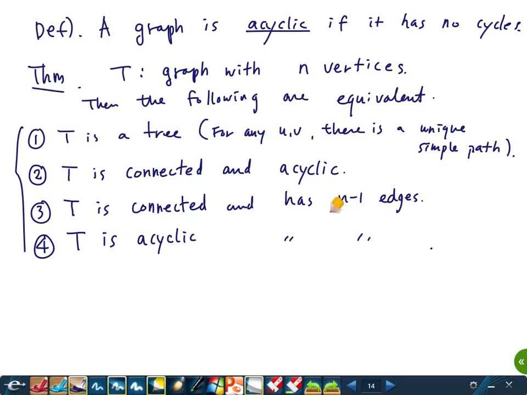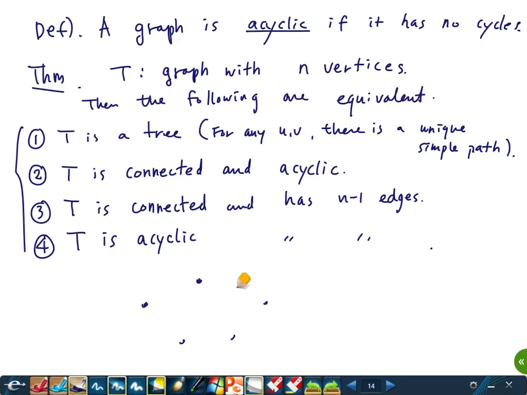This is the minimum number of edges possible to have a connected graph. Suppose that you have n vertices, 1, 2, 3, 4, 5 vertices, and the graph is connected. How many edges do you need? At least 4 edges, because we have five disconnected components at the beginning. If you put an edge between two disconnected ones, you can merge two things into one.